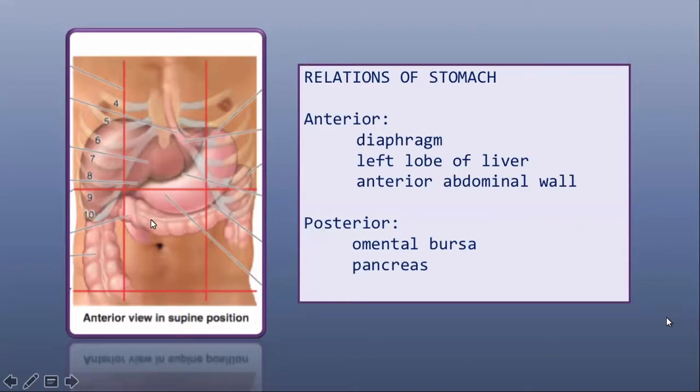Inferiorly, you will see the relation to your transverse colon. That's the transverse colon. It is related inferiorly and laterally as it courses along the greater curvature of the stomach to the left colic flexure. So this is your transverse colon, and this is your left colic flexure.